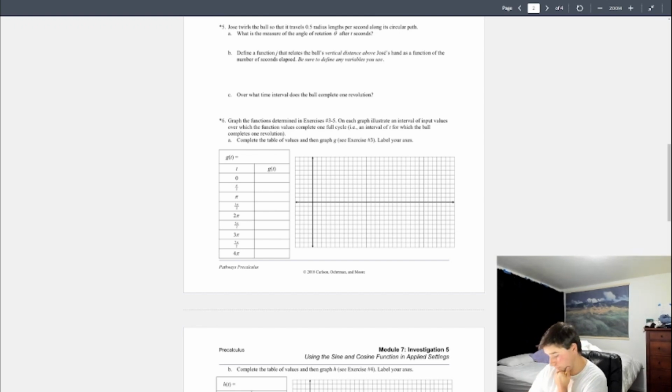Max vertical distance would be 2.3. Sine of pi over 2, pi divided by 2, 1 times 2.3, which is 2.3. So the max is 2.3. Lower is 2.3.